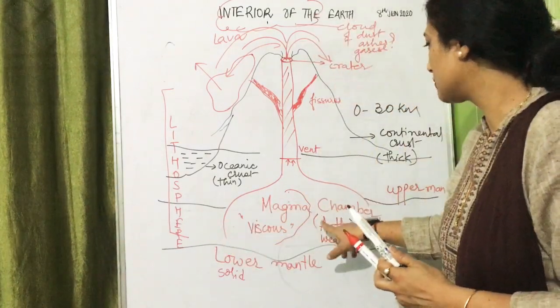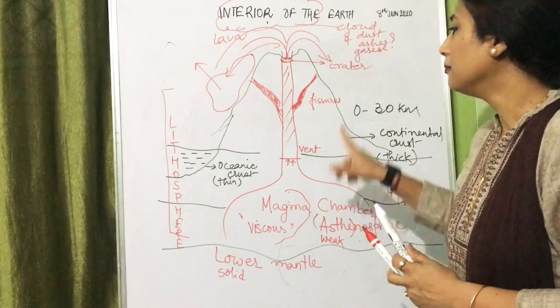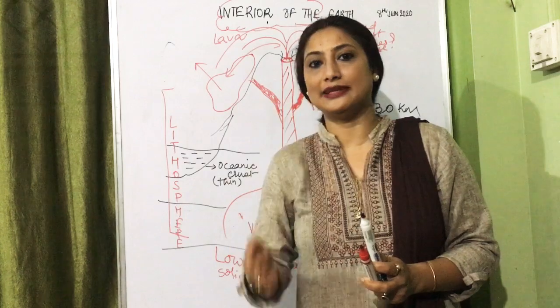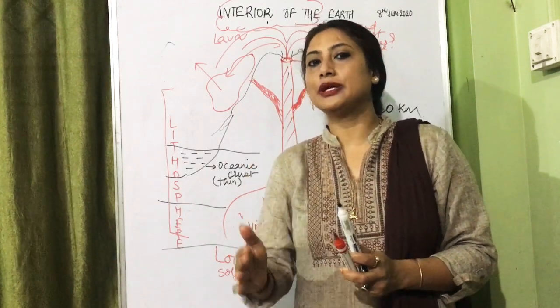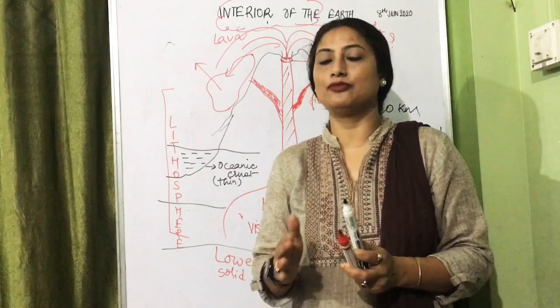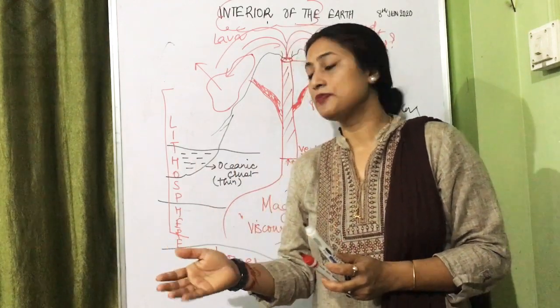Now one thing I was discussing about the asthenosphere is why it is so important, because you know that all the continents are basically plates, and these plates are not stationary but are moving here and there, and we will talk about the different types of movement in some other chapter as well.